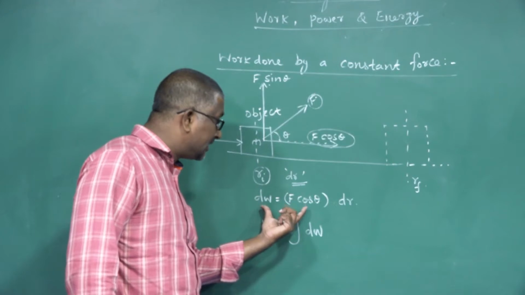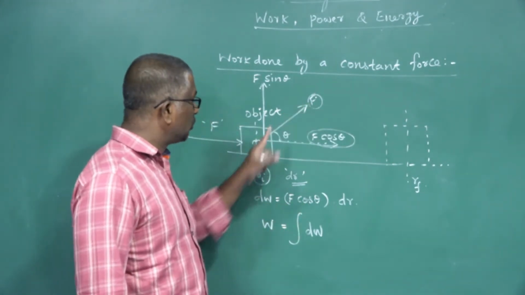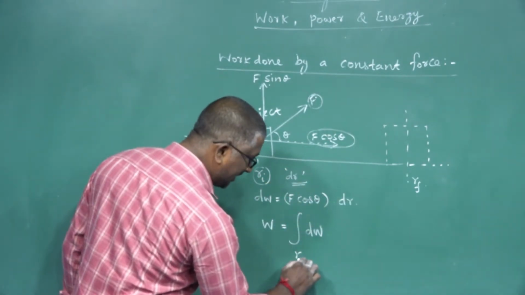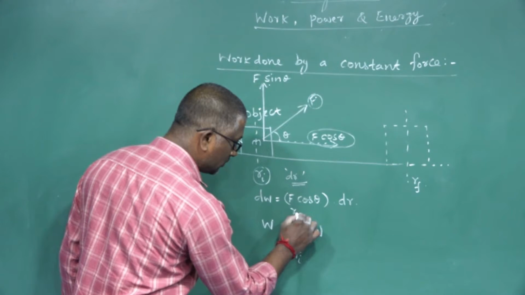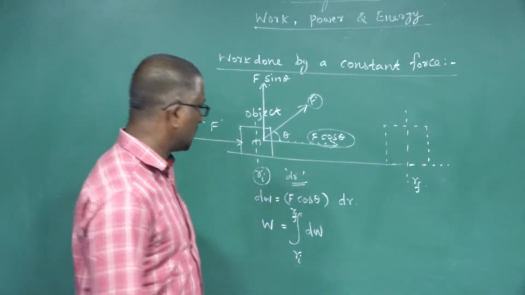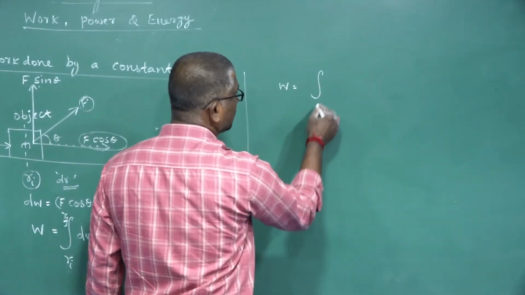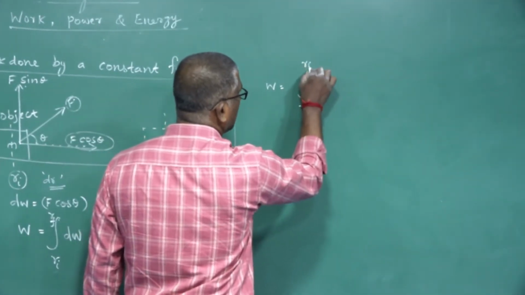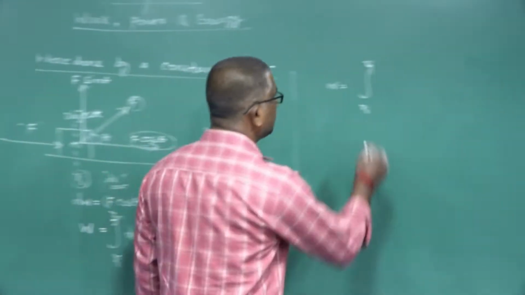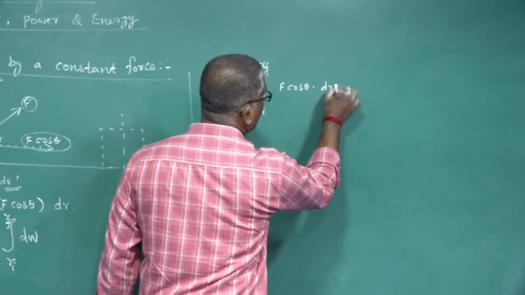That is why the limit is taken from Ri to Rf. So W is equal to the integration, with limits Ri to Rf, of dW, which is F cos theta into dr.